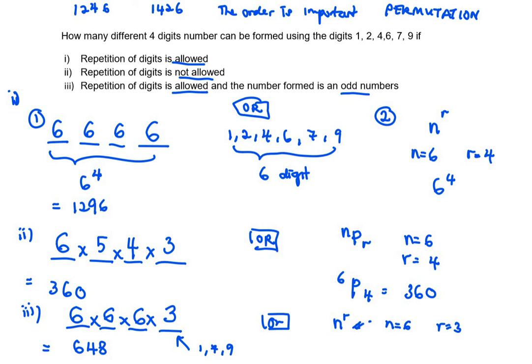So 6P3 times 3, the last digit you multiply with 3. Okay, sorry, it shouldn't be this, right? Because repetition is allowed, so it should be n power r. So 6 power 3 times 3, so you should get the same answer.